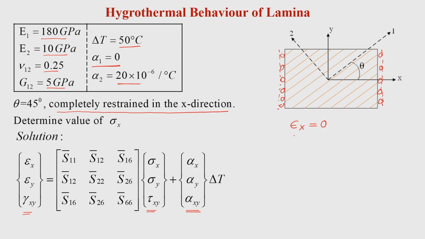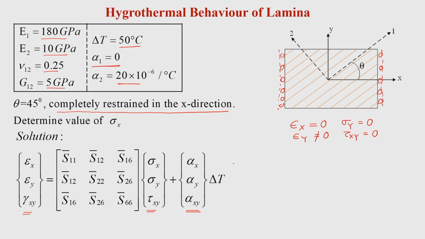However, it can have strain in the y direction, and since it is free to move in the y direction, there cannot be any stress in the y direction, and there cannot be any shear stress.